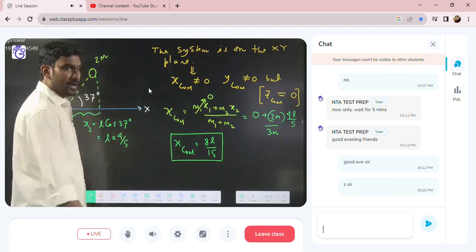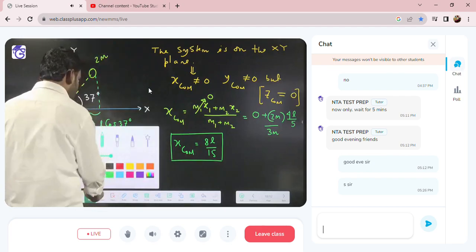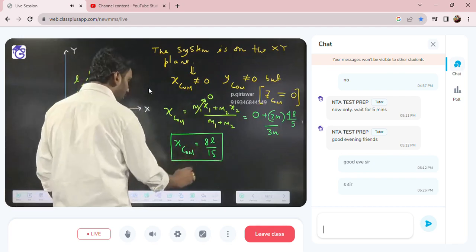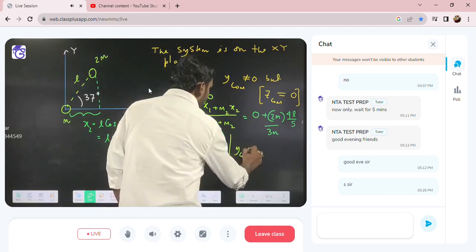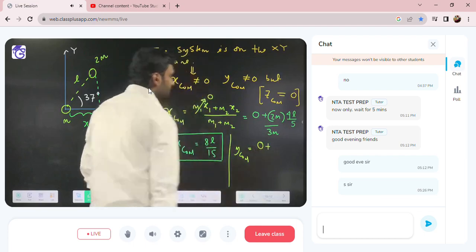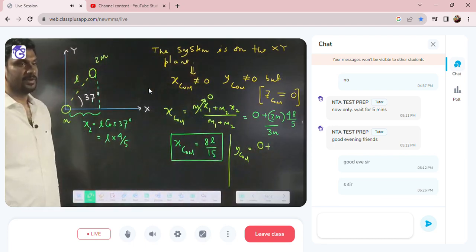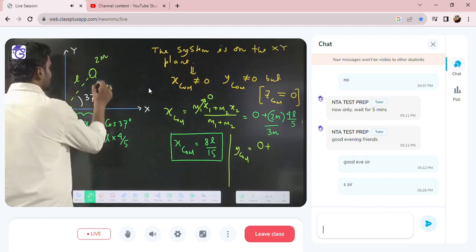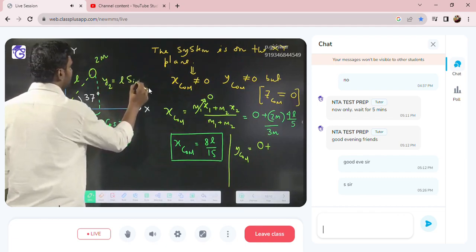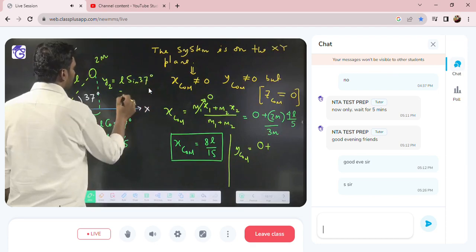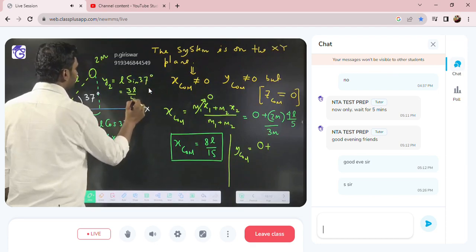So let us now figure out y center of mass. How much will you get for y center of mass? See, m1y1 is equal to 0, right? This is y2. y2 is equal to nothing but L sine 37 degree, which is nothing but 3L by 5.